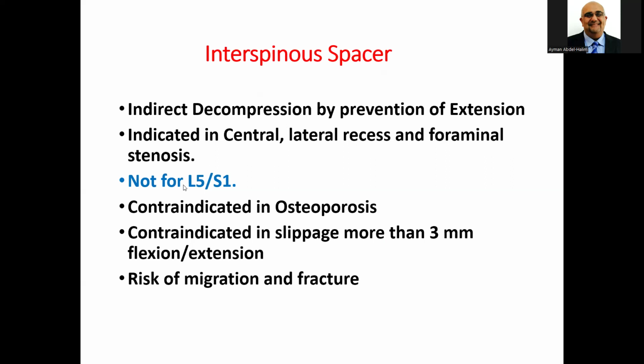So this is not for L5-S1, and it's contraindicated in osteoporosis, and it's contraindicated in a slippage of more than 3 millimeters in the flexion extension. So you have to do flexion extension X-rays before you proceed with this procedure.